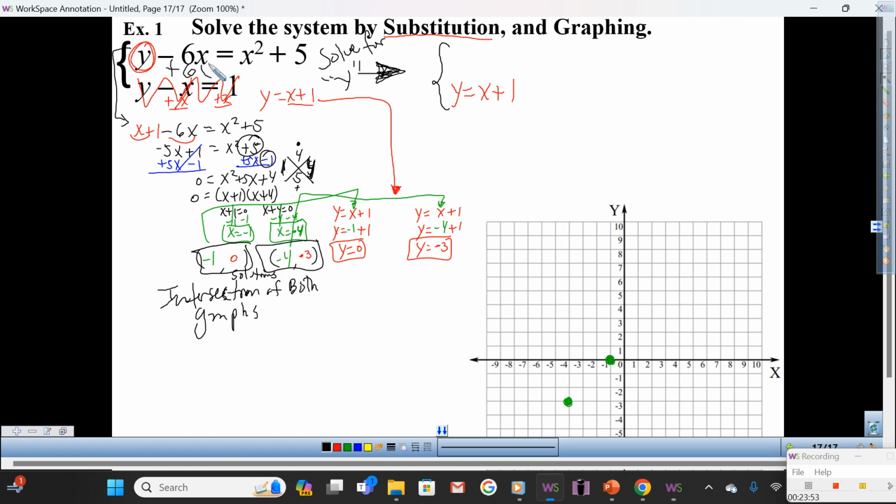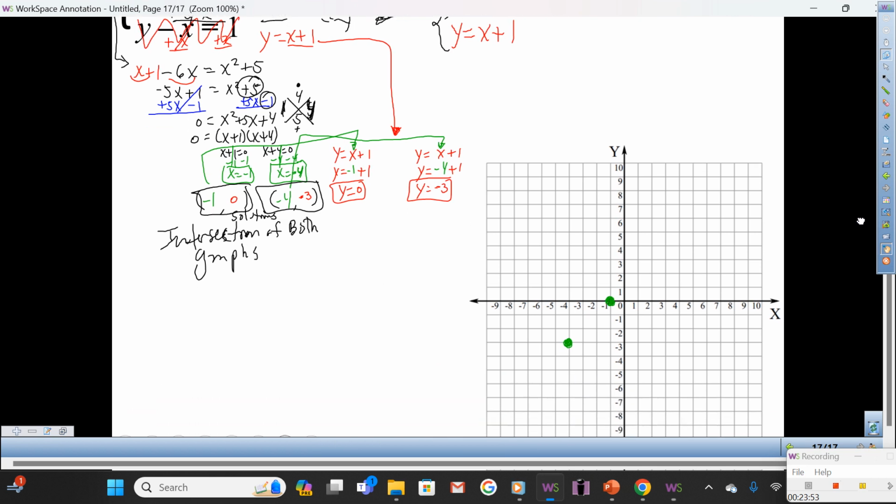Yeah, plus 6x, plus 6x. So we end up with y equals x squared plus 6x plus 5. We there so far? Yes? All right, so to get started, let's graph the red one.